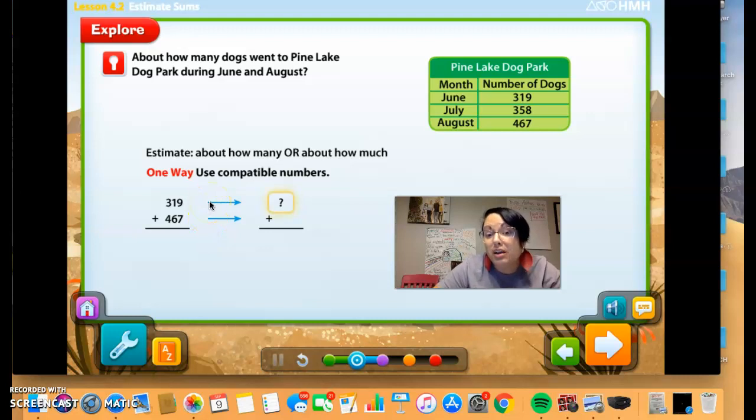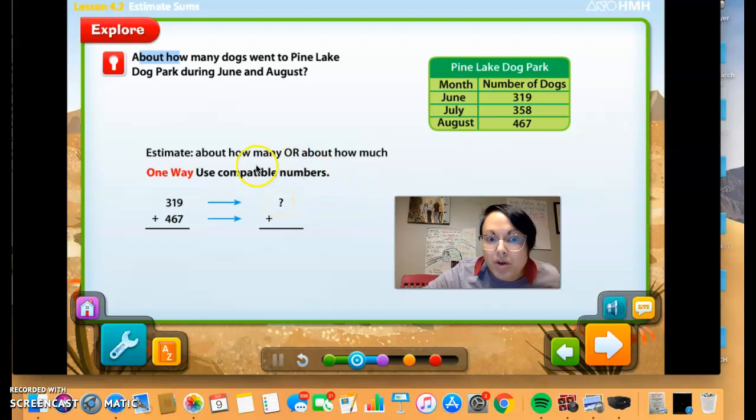You could do it, but we're not interested in exactly how many dogs went to Pine Lake. What does it say? It says about how many dogs went to Pine Lake. So we're not interested in the exact number. We just want to know about. Like maybe they're trying to make sure that they have enough space for all the dogs. So as long as they know they have about this many, they're good. And if it's about this many, they need an extra gate or something like that.